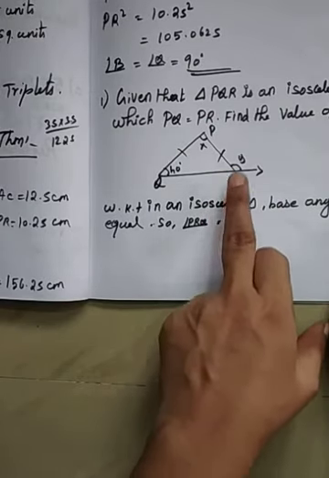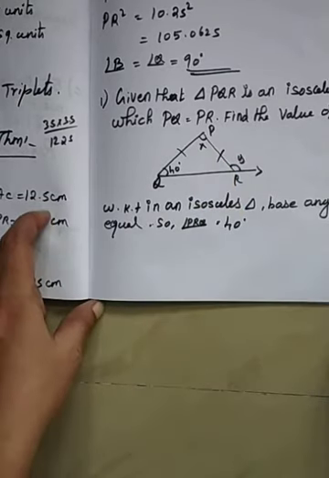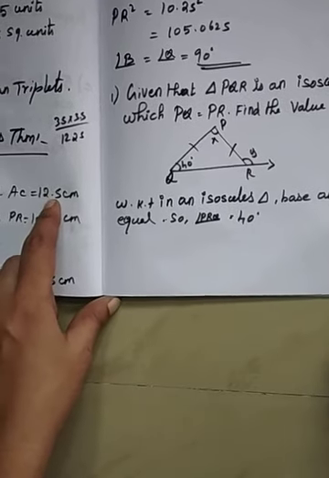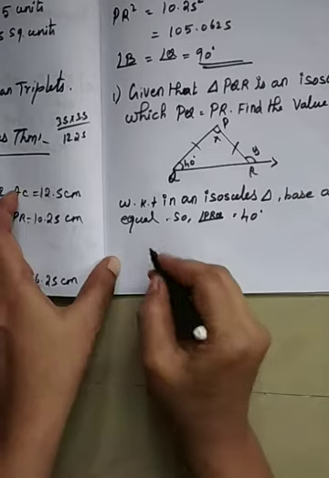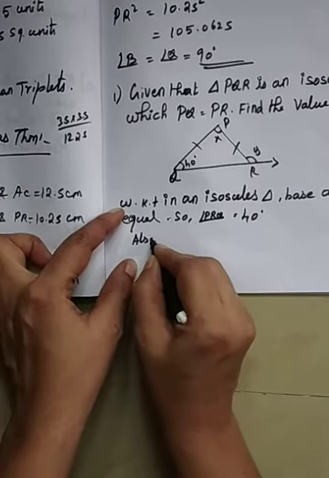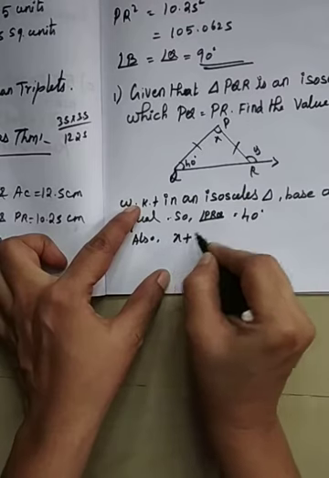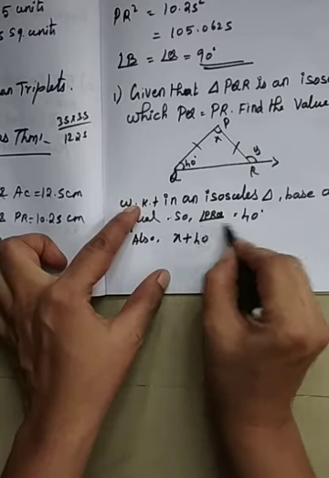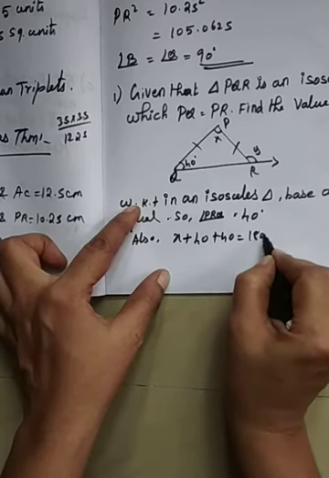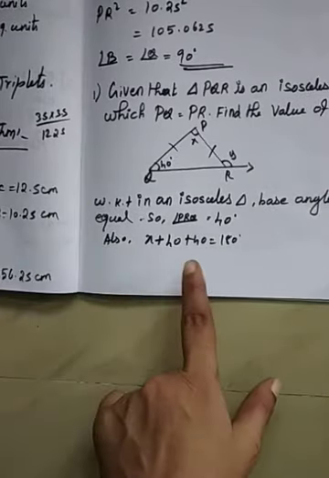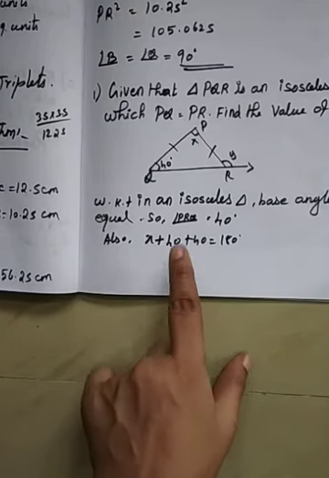Now, x plus 40 plus 40 equals 180 degrees. What is the property? Everybody knows the angle sum property of a triangle.